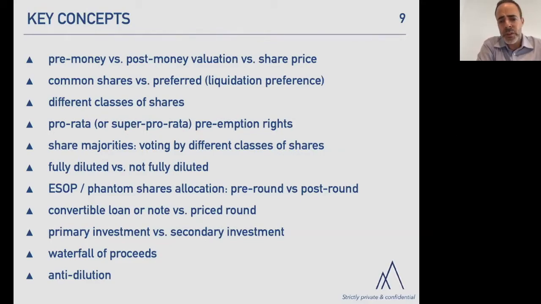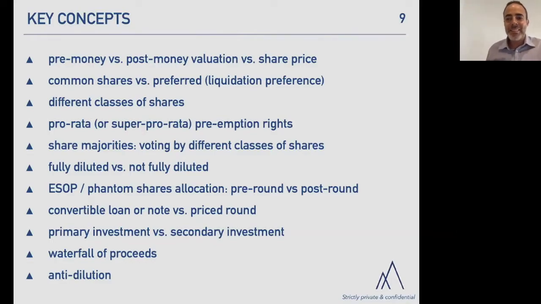Convertible loan versus price round. We will see examples later, but a convertible loan, as I said earlier, is a loan that converts into equity under certain conditions. And when you do an investment round based on a convertible, there's certain peculiarities, but the most important one is that on a convertible loan, there is no valuation because there's no equity, there's no round.